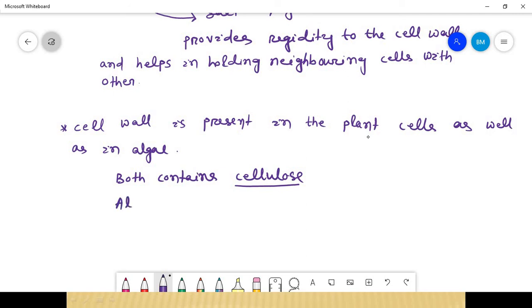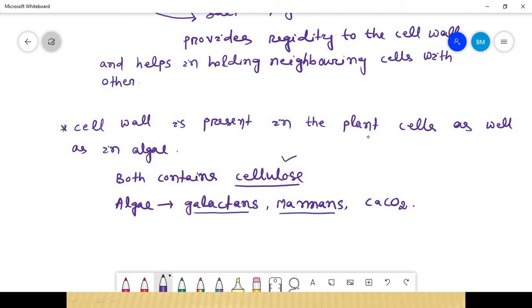Algae contain some other components of carbohydrate, that is glycans, galactans, mannans, and calcium carbonate. I already showed you in the slide. Galactans, mannans, and cellulose are all plant storage polysaccharides.